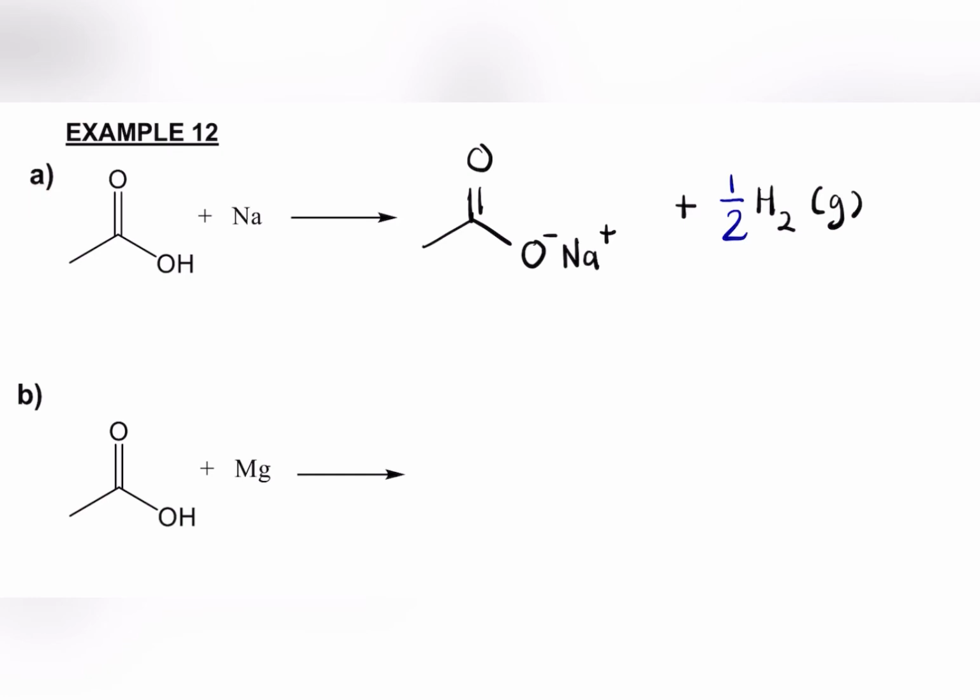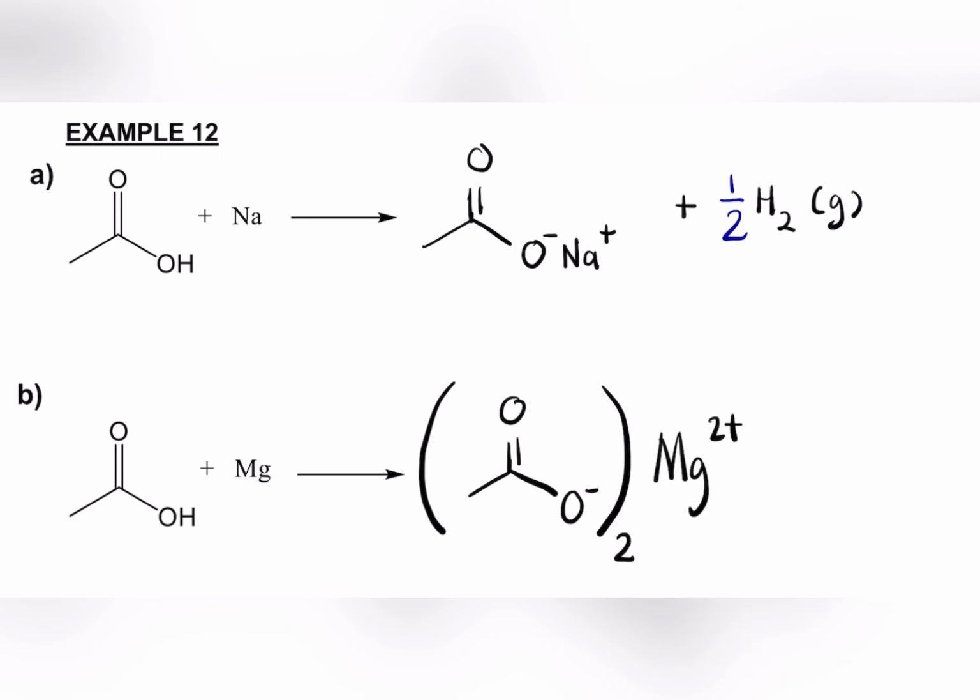So this is your product for equation A. Let's go to equation B, where I have the same acid as in A, but now I react it with magnesium metal from group 2. I will have my carboxylate salt in this form, but there will be 2 of them, so a small coefficient, and after that you have Mg2+. The size of Mg2+ is the same as your carboxylate salt, but the 2 here is a bit smaller.